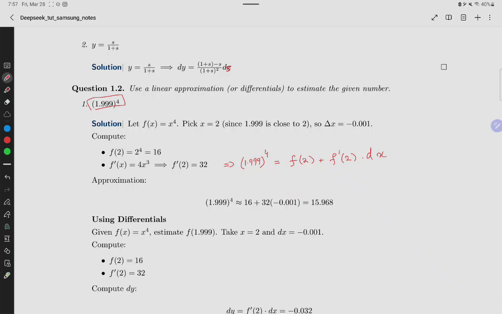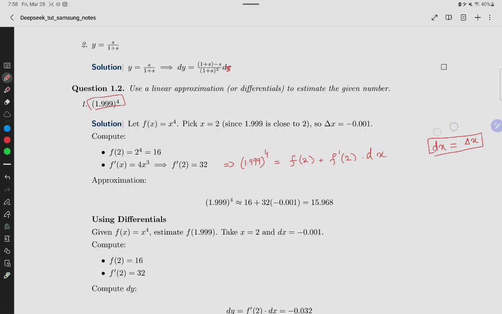Or you can write dx, since dx and delta x are the same. Change in x or differential of x, both are the same. But dy and delta y are not the same.